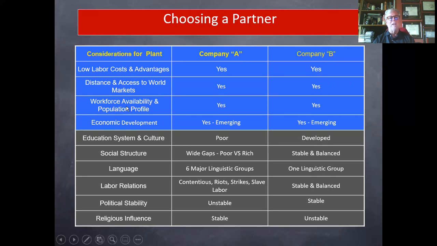Your workforce availability, whether you're an emerging country or not, how well educated the population is, your social structure, whether there's, take for example, a place where there's an oligarchy with a tremendously small number of very wealthy, and then there's a large gap between the rich and the poor. How many languages are spoken, labor relations, political stability, religious influence.